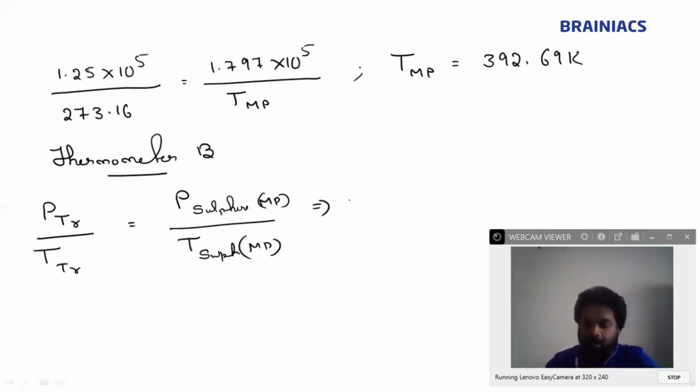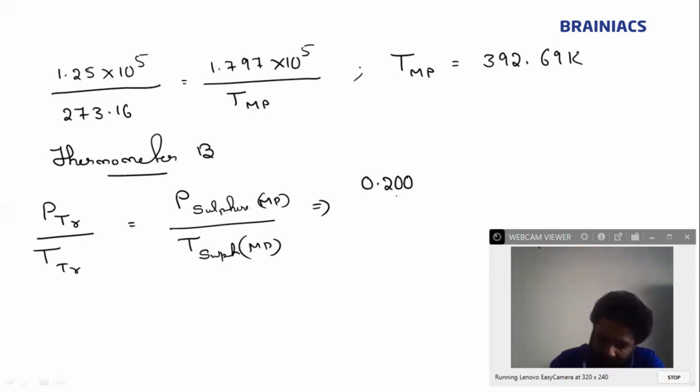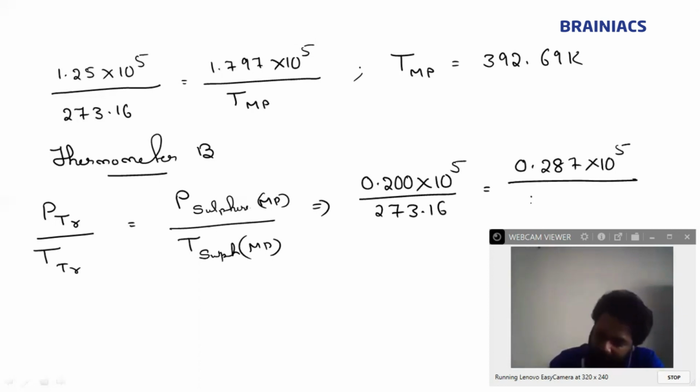The pressure at triple point of water in thermometer B is 0.200 into 10 raised to 5 divided by 273.16. This is equal to the pressure 0.287 into 10 raised to 5 divided by the temperature of melting point of sulfur.